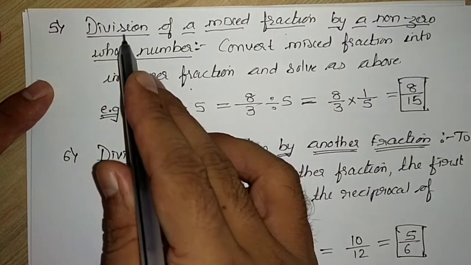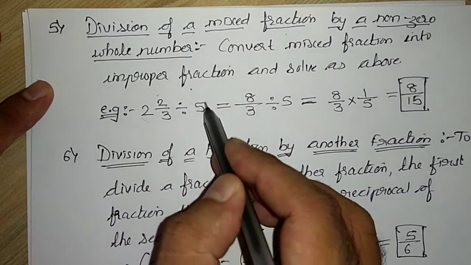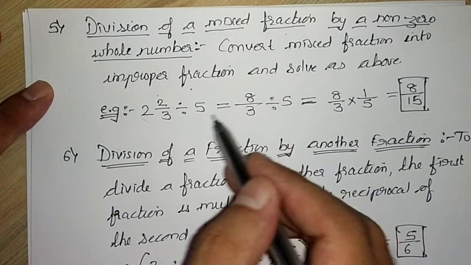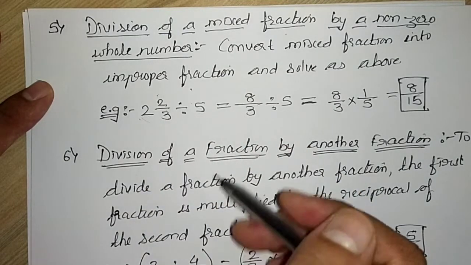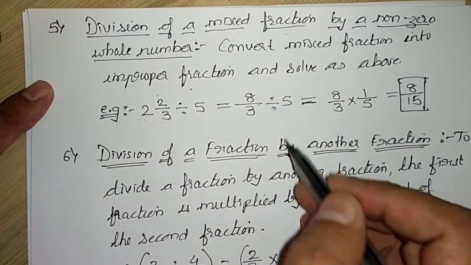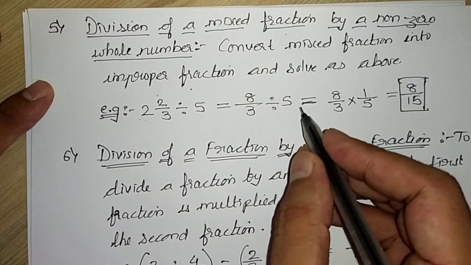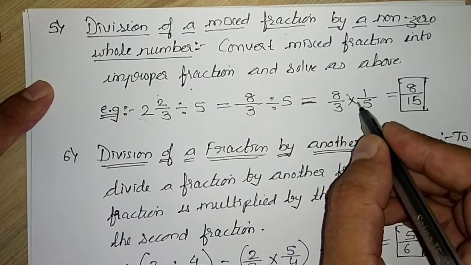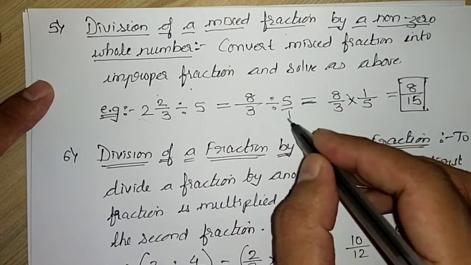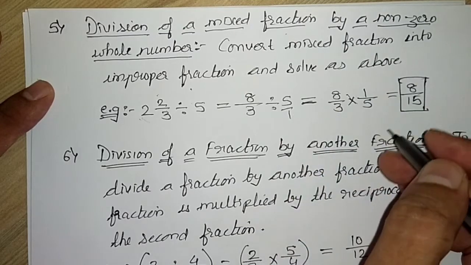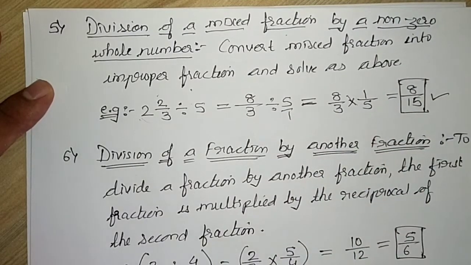You can see the question says division of a mixed fraction by a non-zero whole number. What we will do, we will convert the mixed fraction into improper fraction, so it will become fraction divided by whole number. And in fraction divided by whole number, we will multiply fraction by the reciprocal of the whole number, so it is 1 by 5. So 8 1s are 8 and 5 3s are 15 is our answer.